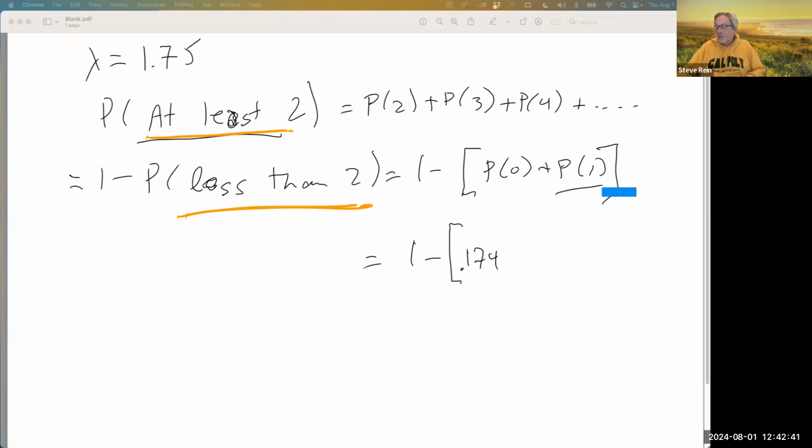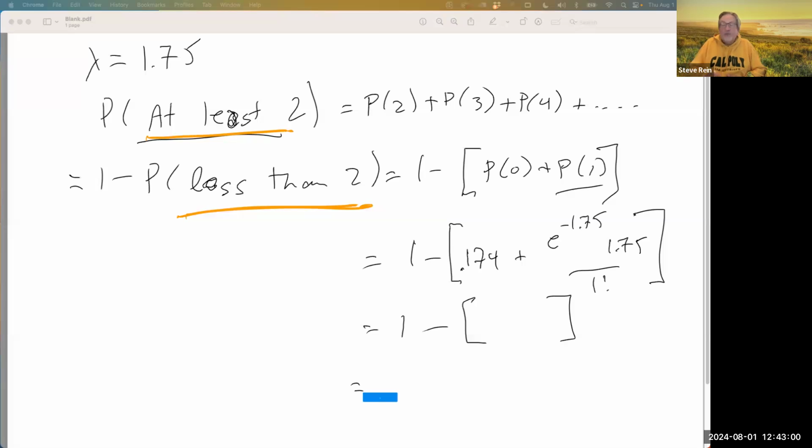Let's write in the chance of 1 here. So e to the minus 1.75 times 1.75 over 1 factorial. That's just 1.75 times 0.174. So that is the sum, and the ultimate difference is solvable. I got 0.522. Sounds plausible. I like it.